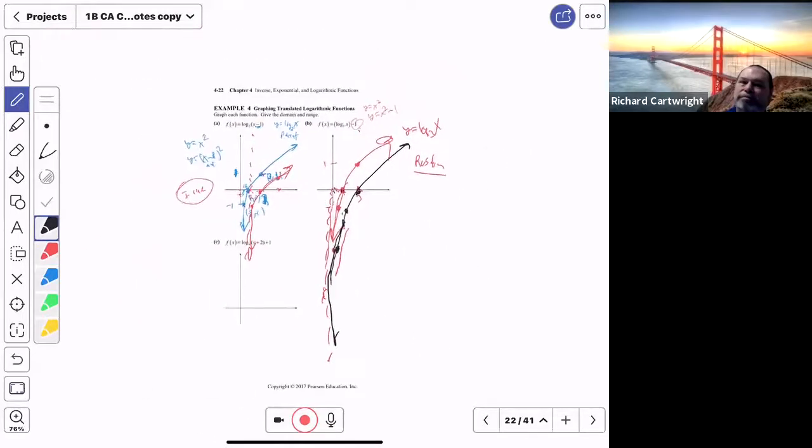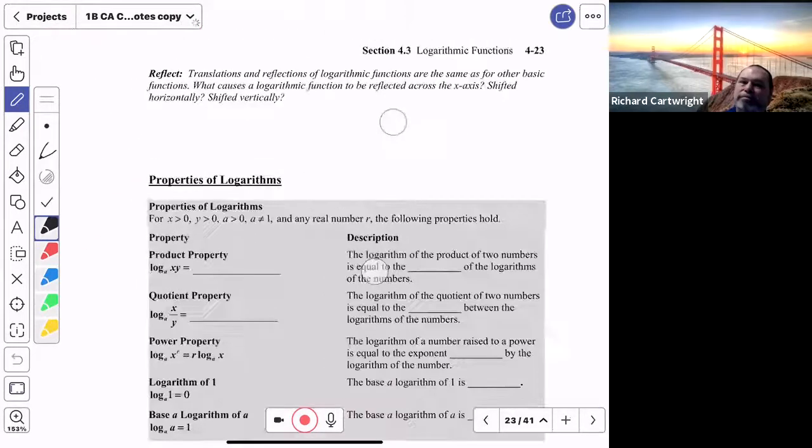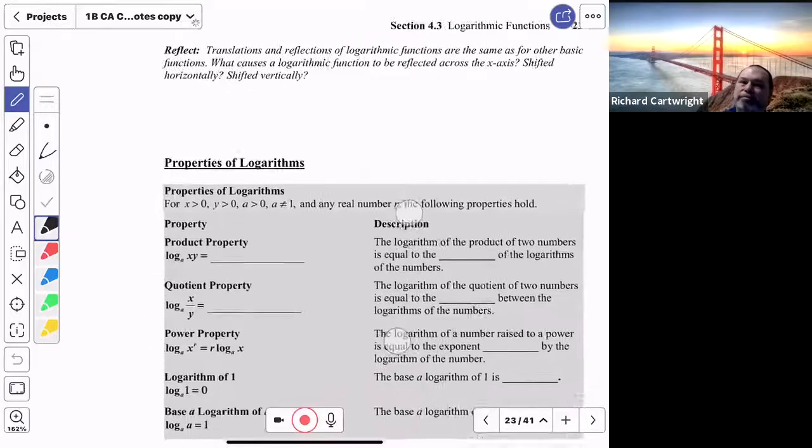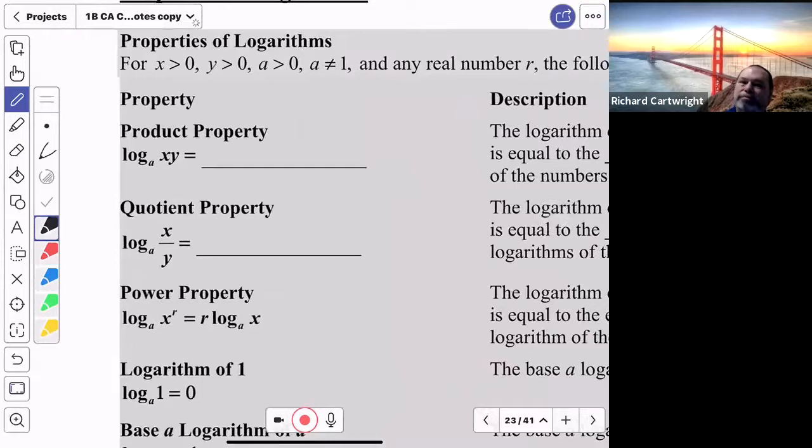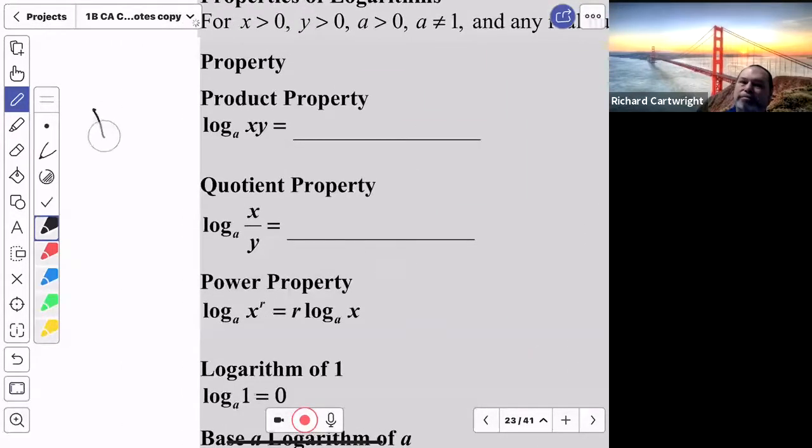Okay, that was fun. Properties of logs, very important. It's the same thing as your properties of exponents. x to the second times x to the third, like bases, we add the exponents. x to the fifth.